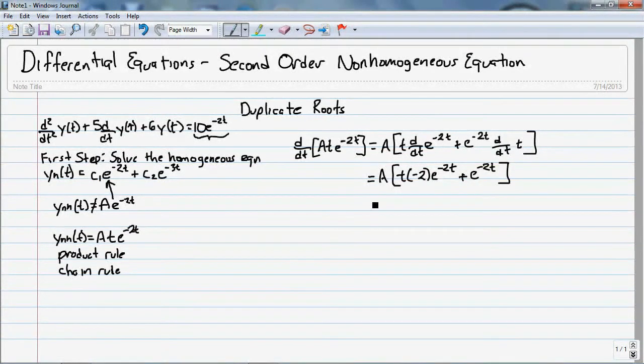And now we can do a bit of simplification. We can factor e to the negative 2t out. And I like to bring the negative outside. Okay, so there's our first derivative. Now we can do our second derivative.